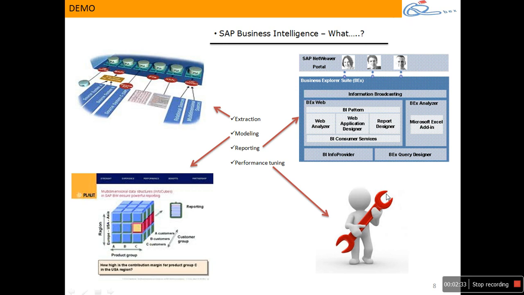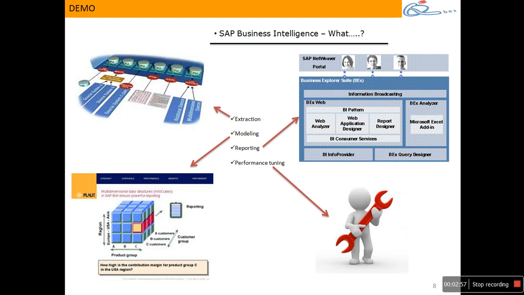And then reporting. BW also has its own reporting components called BEx, Business Explorer, which has Query Designer, Analyzer, WAD, all this. And now you might have heard of SAP moving to core Business Objects, right? With Business Objects, there is no reporting in BW and HANA; that is not the way.